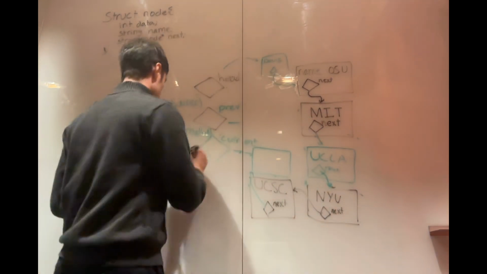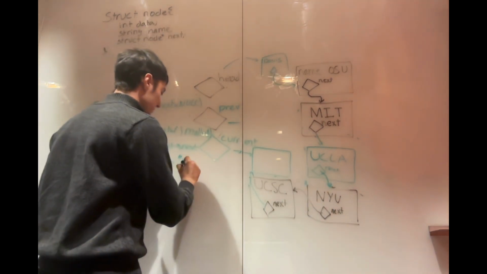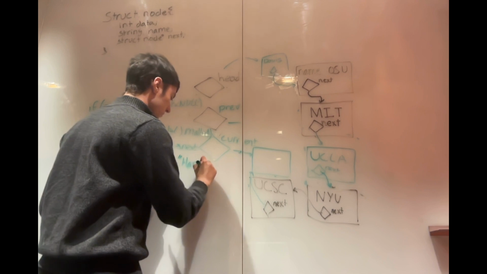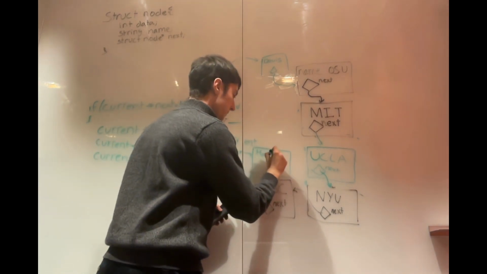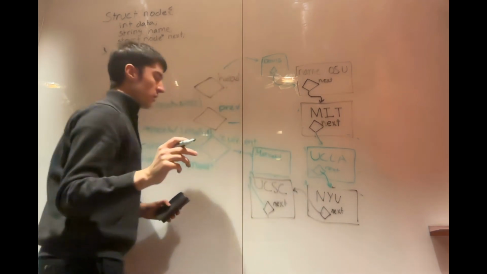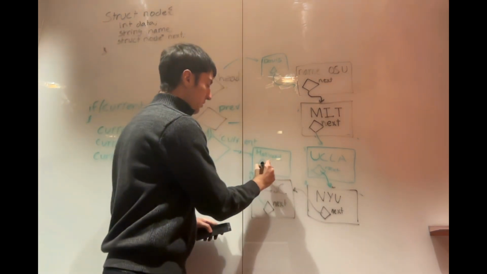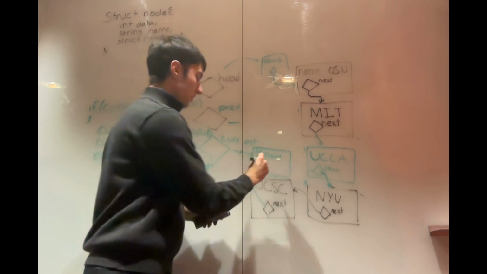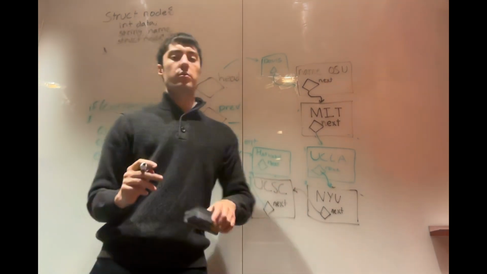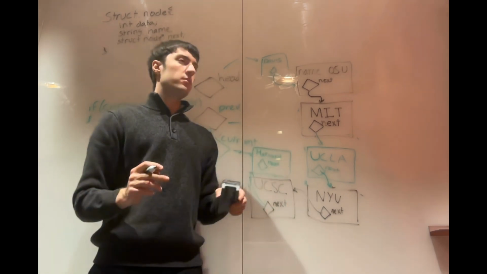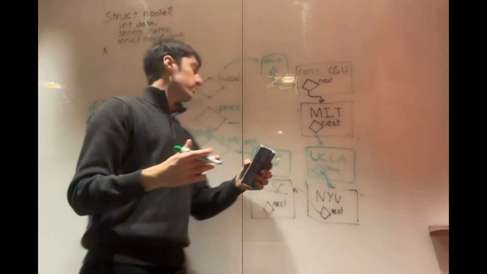Harvard. Set it equal to Harvard, okay? Well, we also have this variable, which is next. Well, what do we want to set it to? Now, it's the last link, so we want to set it to null.